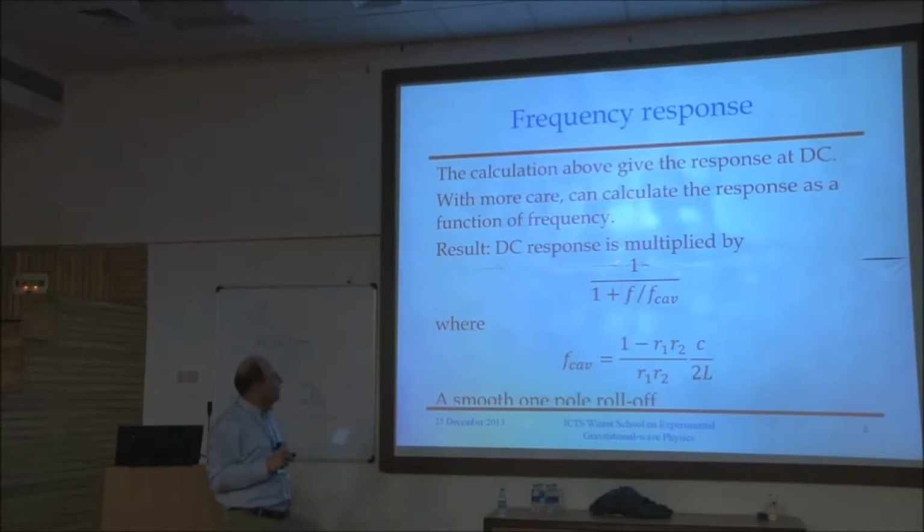Let me just state the result: you get the same response as I showed the calculation for, except multiplied by a characteristic of a low-pass filter. That is to say, the response starts rolling off above a frequency f_cavity that depends on those reflectivities. It's small compared with the free spectral range when those reflectivities are close to 1. It makes a smooth one-pole roll-off.